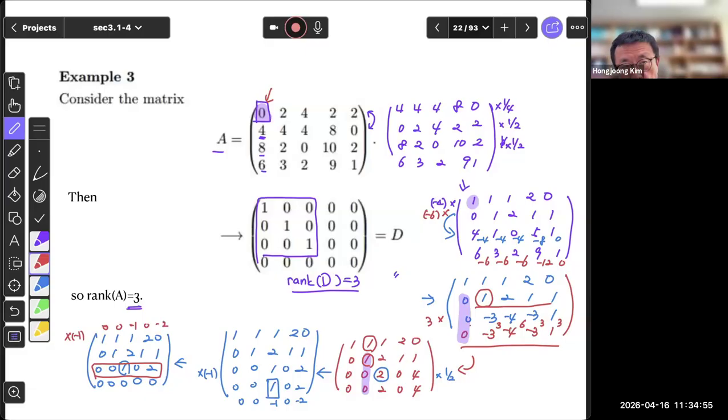If you add those numbers to the first row, then you get 1, 1, 0, 2, negative 2. And then if I multiply negative 2 to the third row, you get 0, 0, negative 2, 0, negative 4. If you add those numbers to the second row, you get 0, 1, 0, 1, 0, and 1, negative 3.